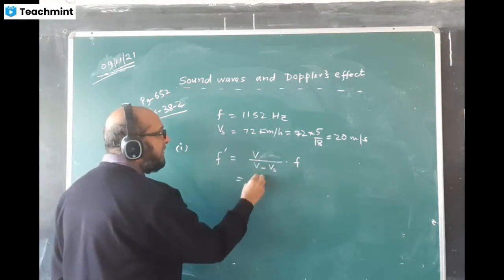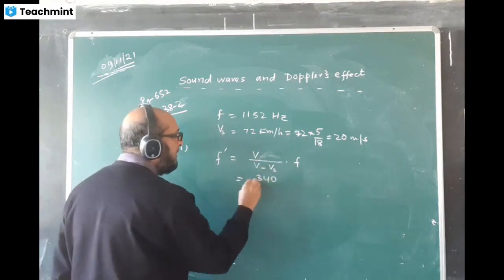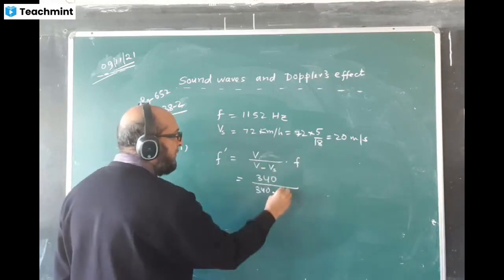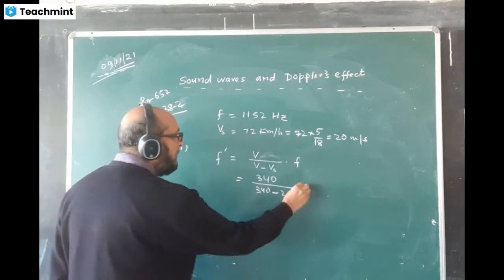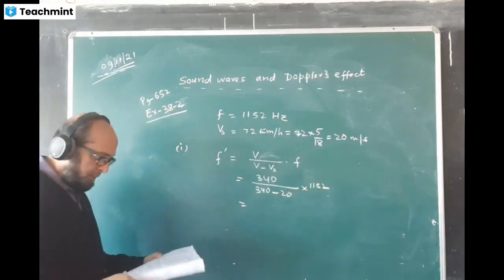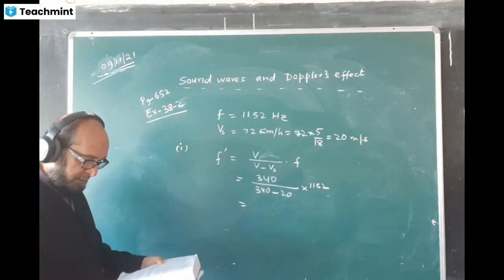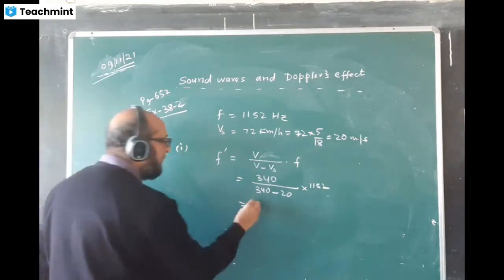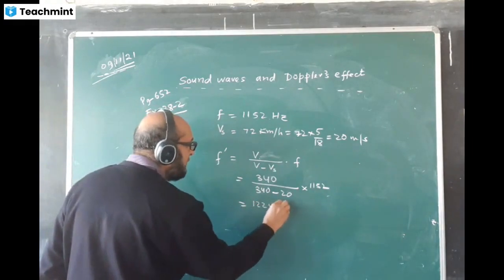What is the speed of sound given? 340. So 340 minus Vs, which is 20, into the actual frequency, 1152. Now calculate. Your answer will come 1224 hertz.